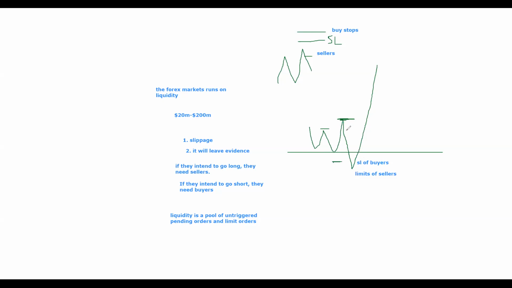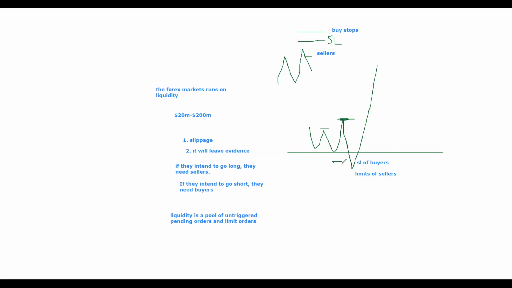If you're buying, your stop loss here is a sell order. If you have a pending order here, a sell stop, that sell stop is a buy order. If you're buying, for you to take profit, you have to turn to a seller.